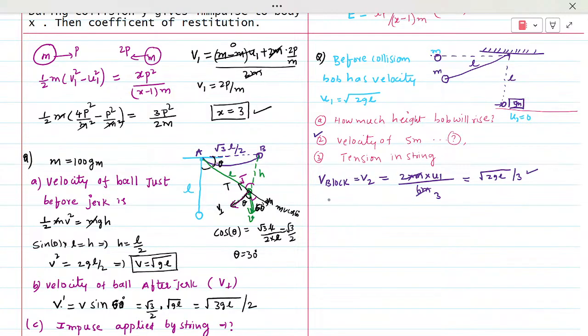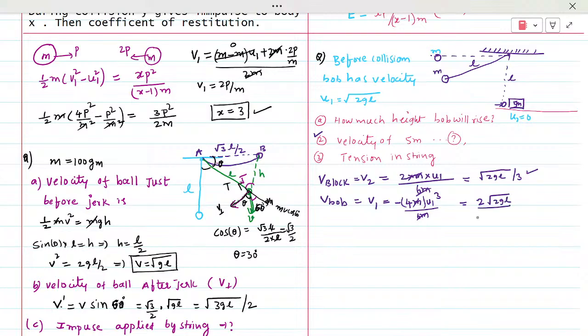Similarly, find V1, the velocity of the bob after collision. That equals (m1 minus m2) of u1 divided by (m1 plus m2), that equals minus 4m into u1 by 6m, which is minus 2 by 3 of u1, that equals 2 by 3 into root 2gL.